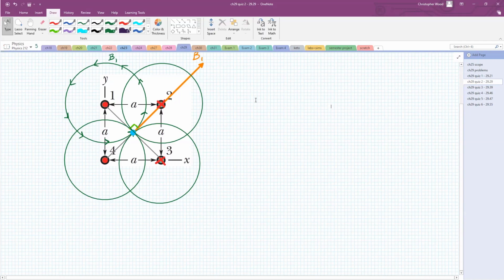So let's focus on wire 4, since that was the second one I drew. If I'm going to use the right-hand rule the right way, if this current is coming out of the screen, a dot means it's coming out of the screen towards your eye, then my right-hand rule tells me I'm going to have field lines flowing like this. And that means right here at Probert's location, I have a field vector that looks like this.